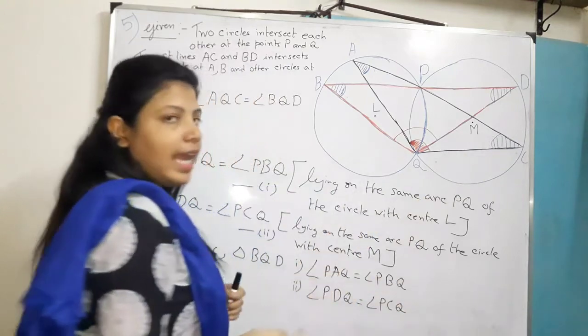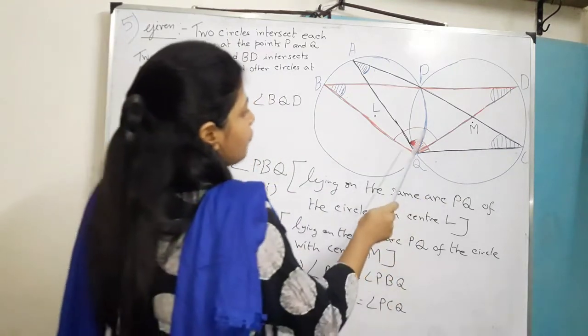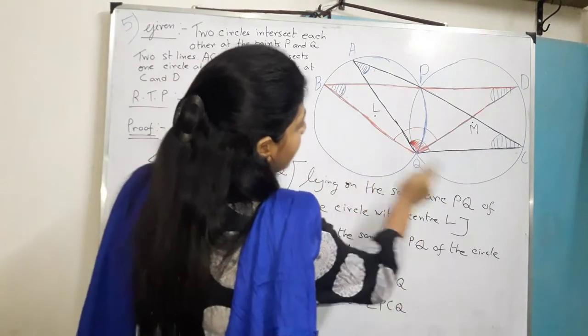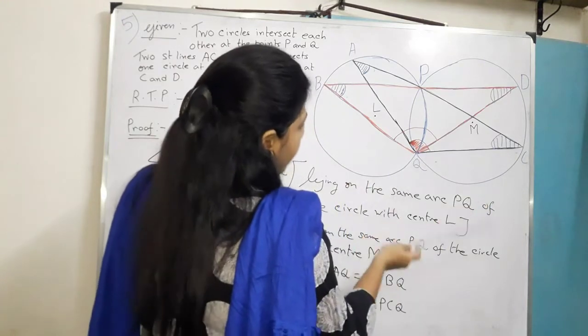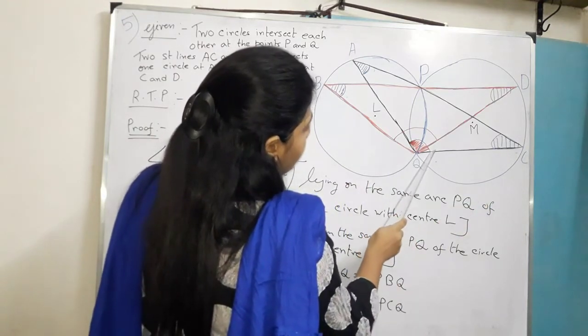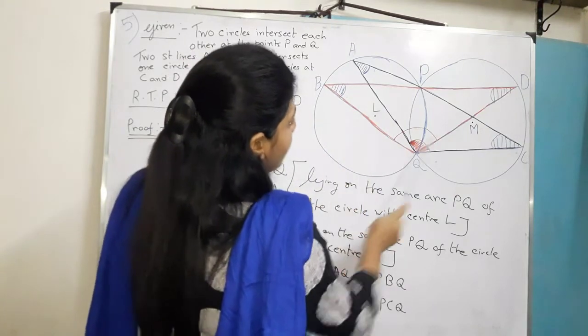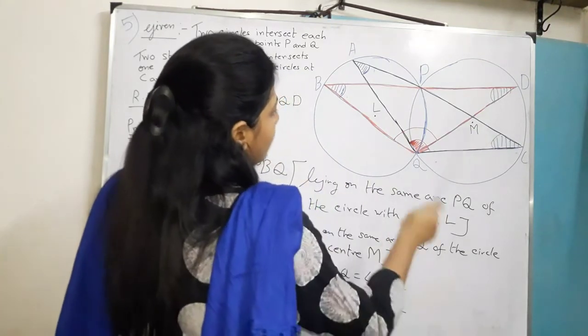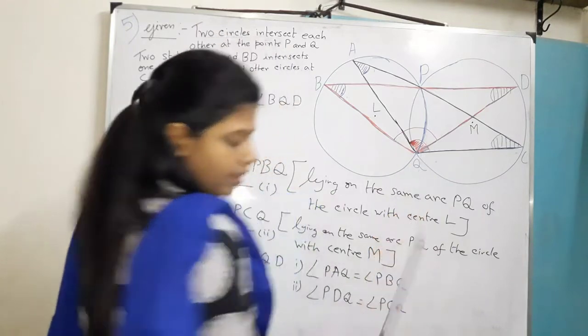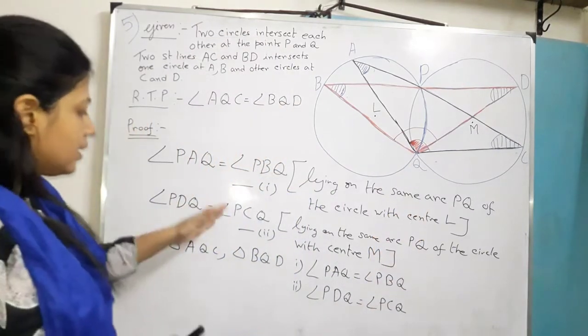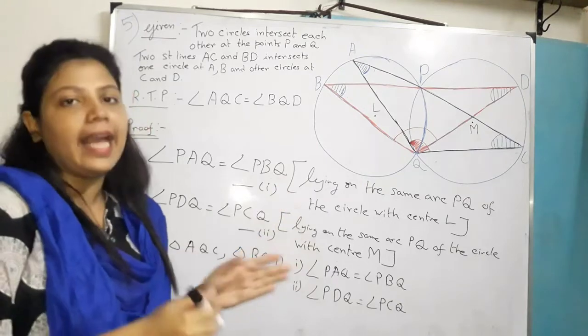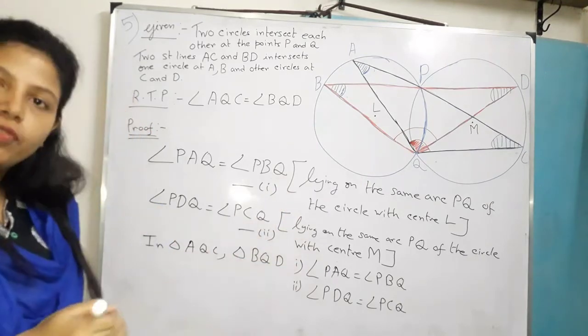What is the remaining angle here? If I take the first triangle, that is ACQ, the remaining angle is angle AQC. If I take the second triangle, that is triangle BQD, what is the remaining angle here? Angle BQD. So if two angles are equal correspondingly, the third angle will obviously be equal.